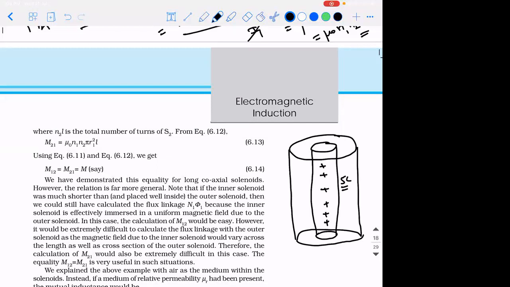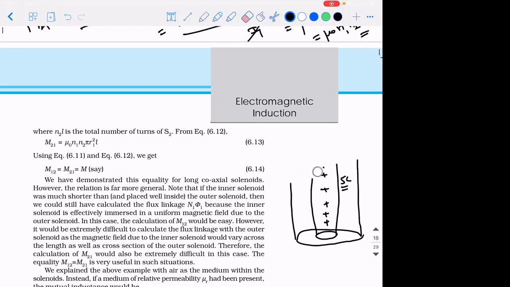What will you say? 5 coulomb, because whatever charge the smaller cylinder is holding will be the same charge around the bigger cylinder also. Yes, sir, because the bigger cylinder doesn't have any charge of its own. Same is the case here. Okay, sir. Got it?